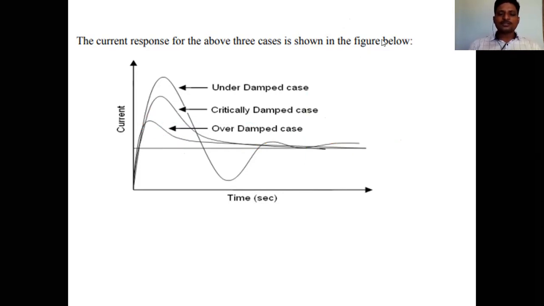Steady state response is due to the nature of input or nature of forcing function. So steady state response is also known as forced response, and transient response is also known as natural response. So complete response is equal to natural response plus steady state response.